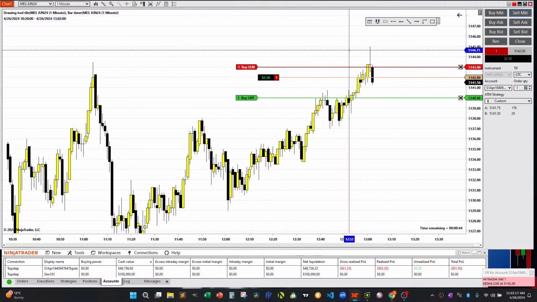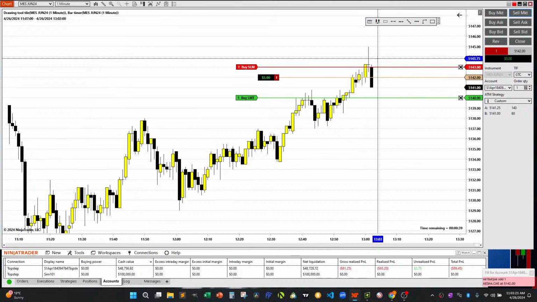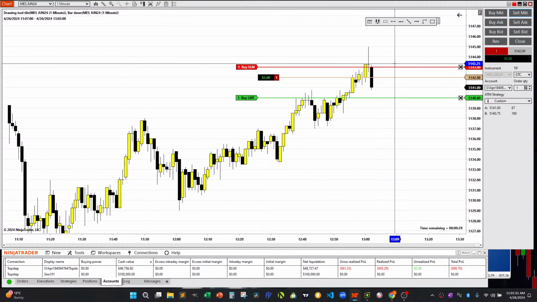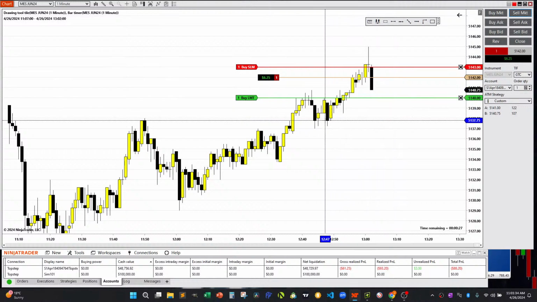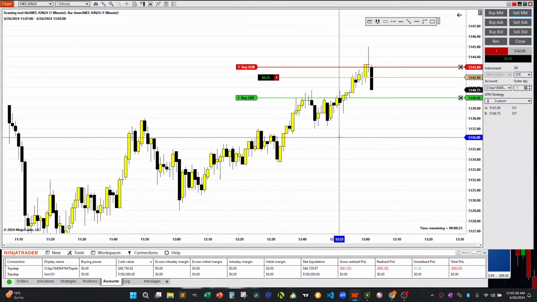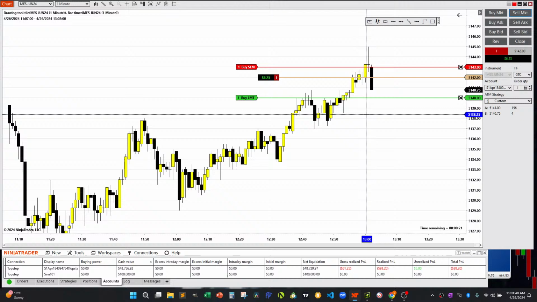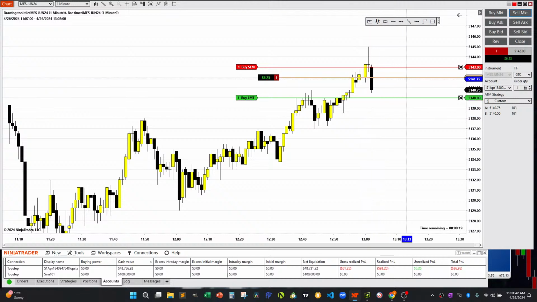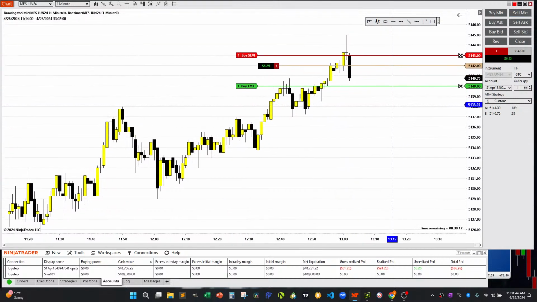I wanted to be at the one tick below that doji. This would be considered sort of a breakdown like this one was back here and this one here. So I'm not sure if it's going to continue lower or not, but we'll see if we can at least reach the 2 points.